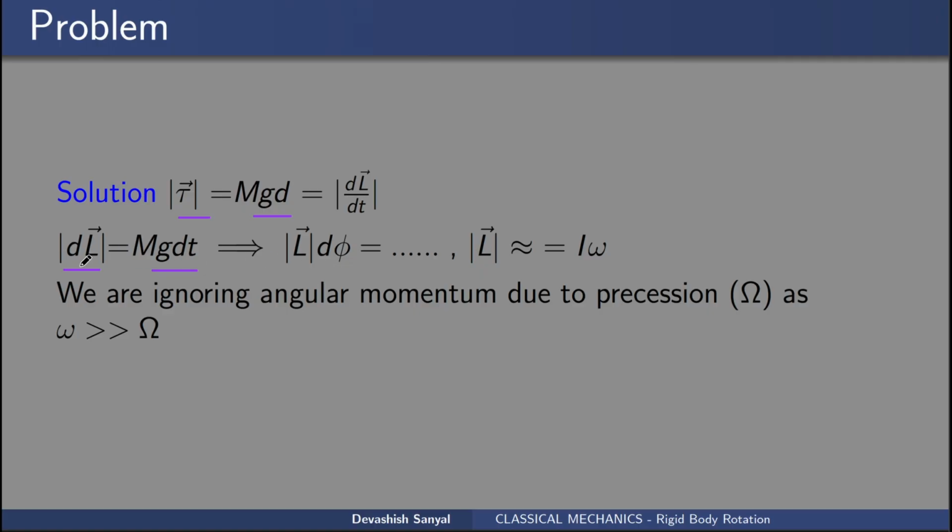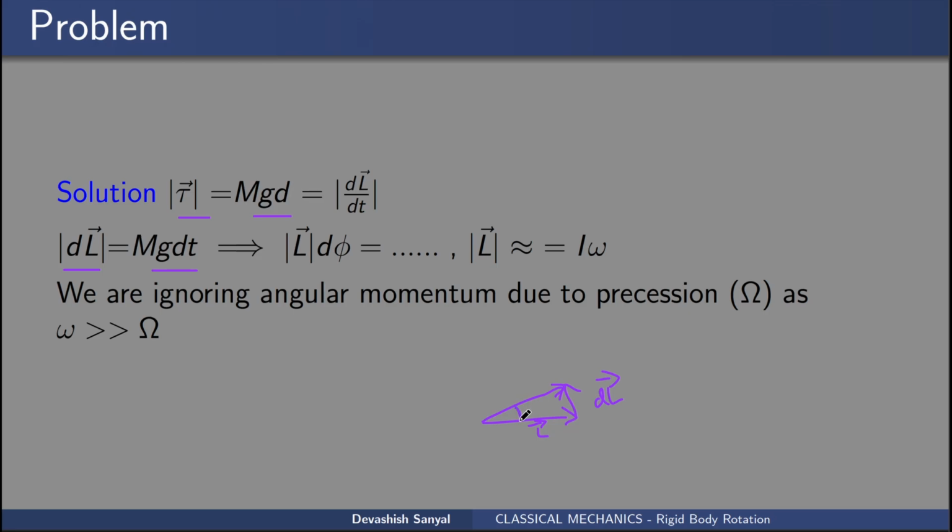And what is dL vector? So this is my L vector. After time dt it becomes L plus dL. This is L plus dL, this is my L vector, and this is my dL vector, and this is my angle d phi.